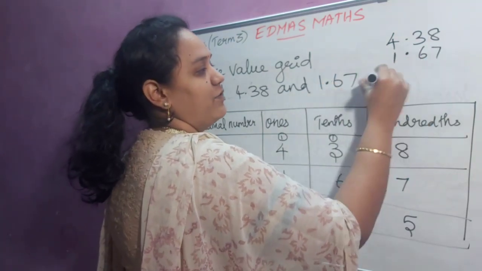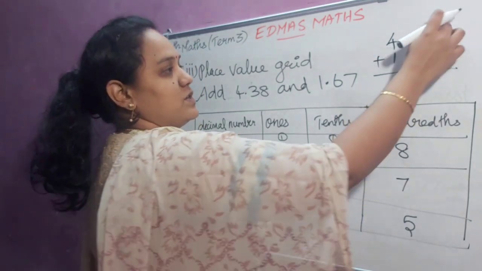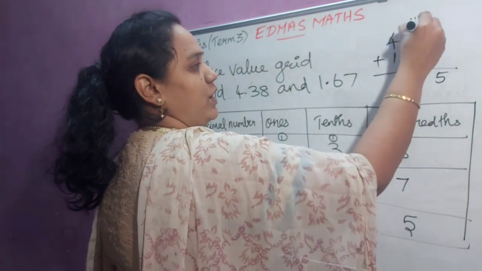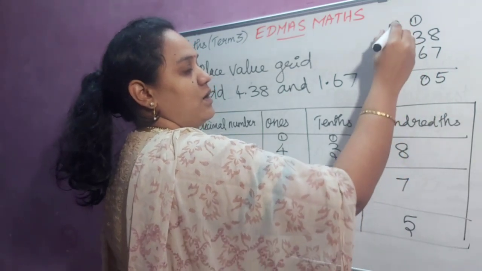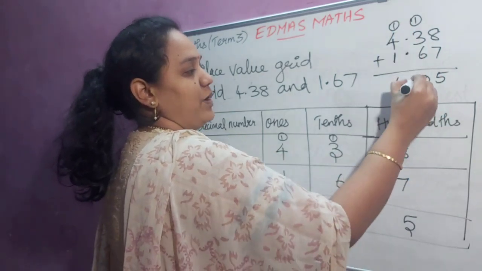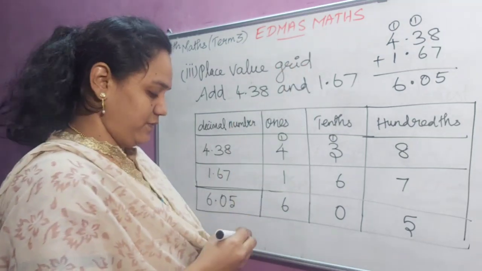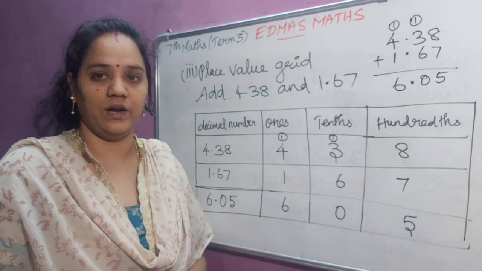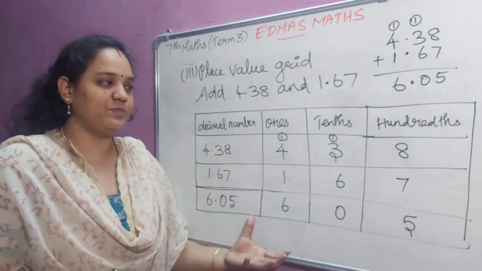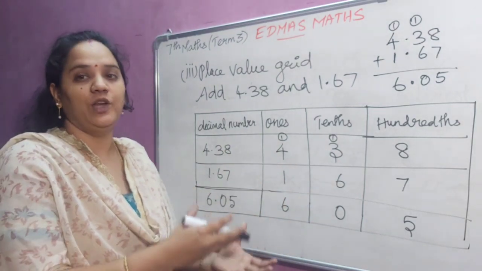Then 6, 7 I have to write and I have to add. Okay. So 8 plus 7 is 15, 5, 1, 3 plus 1, 4, 4 plus 6, 10, 0, 1. So here 6. So the decimal point will come here. So 6.05. Usually we have to add decimal numbers according to the place value only. For that only they have explained you using place value grids.